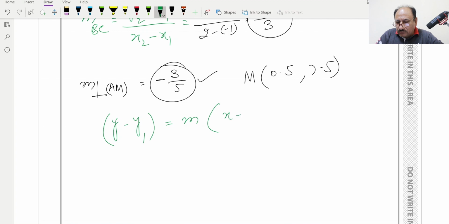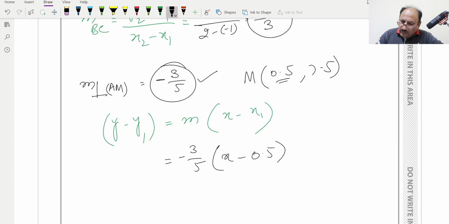So m value will be minus 3 over 5, and x minus x1 will be 0.5, and y minus y1 will be 7.5.